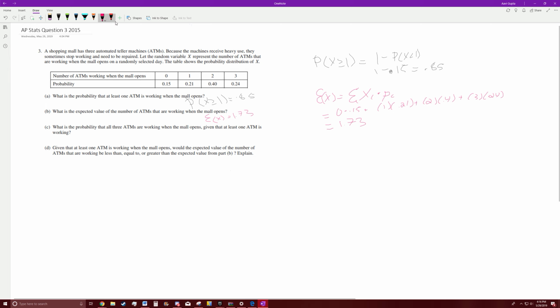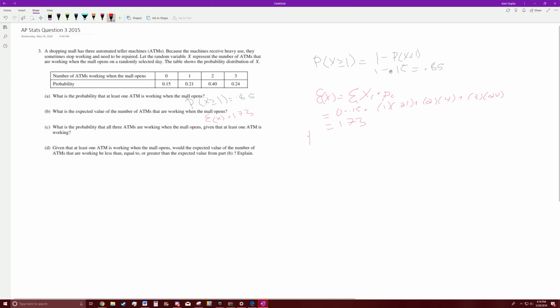So, now the next part is part C. What is the probability that all 3 ATMs are working when the mall opens, given that at least one ATM is working? Okay, well, we can write a statement.